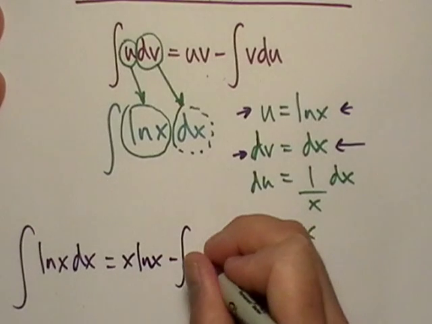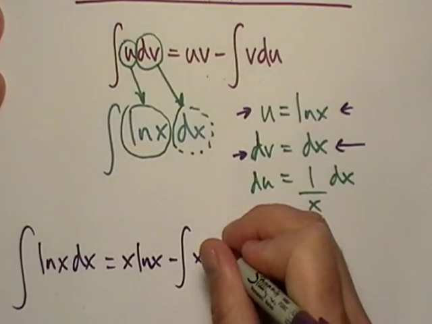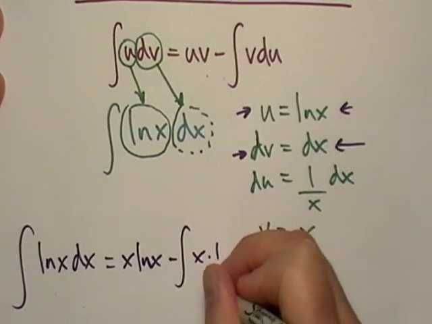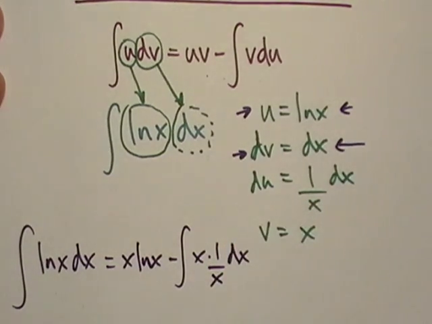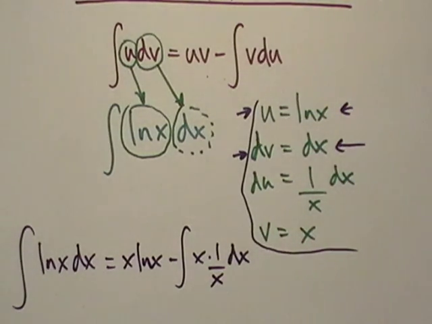Well, v was x, and du is equal to 1 over x dx. Let me draw a little thing around here so we don't get ourselves confused. Not a problem, right? Not bad.